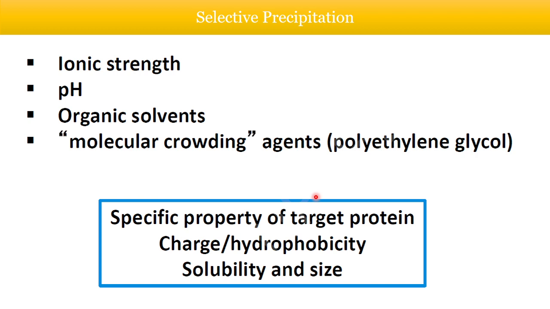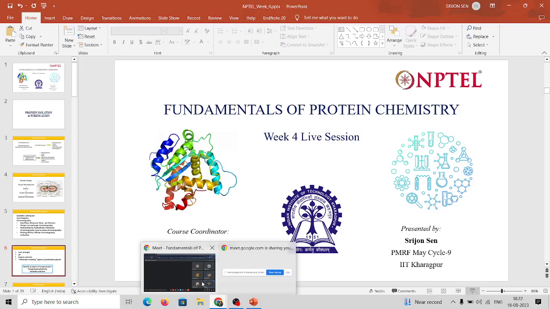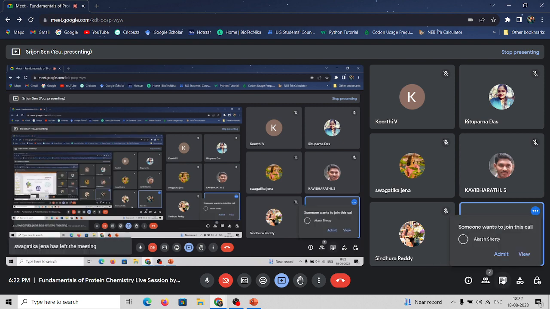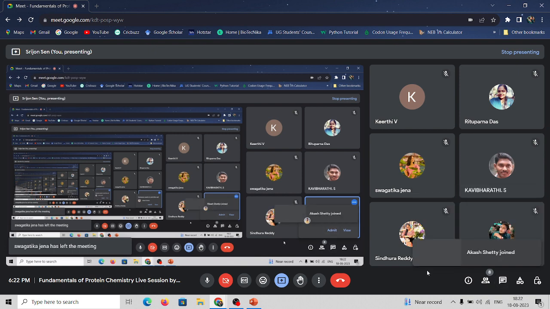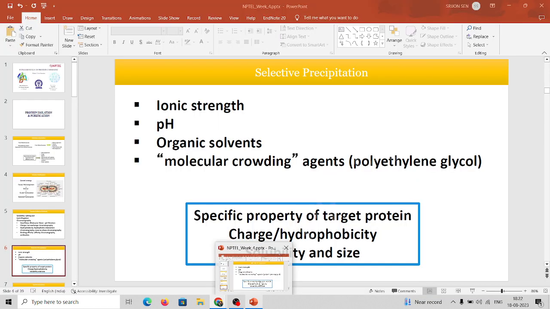So why does a protein precipitate? Because when a protein comes very near to its pI value.